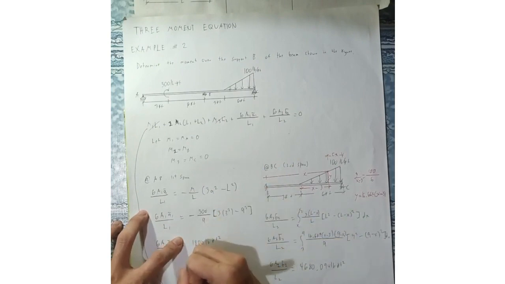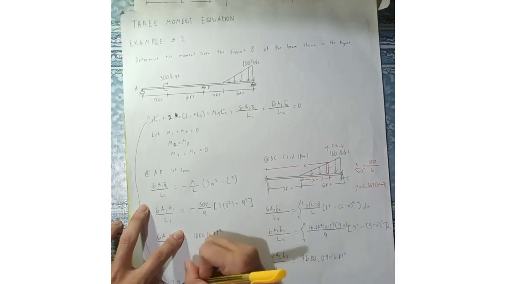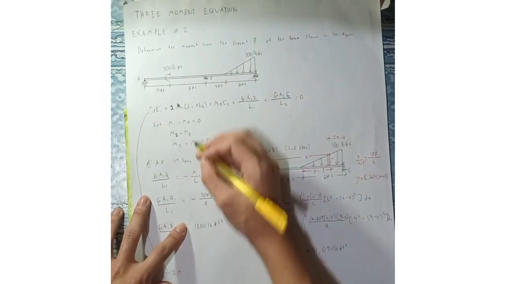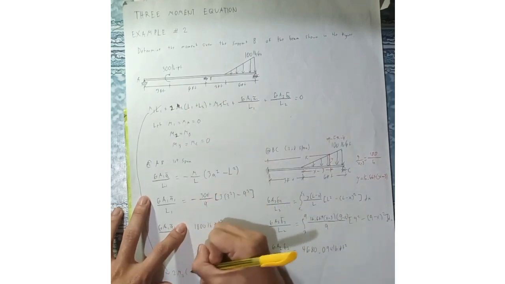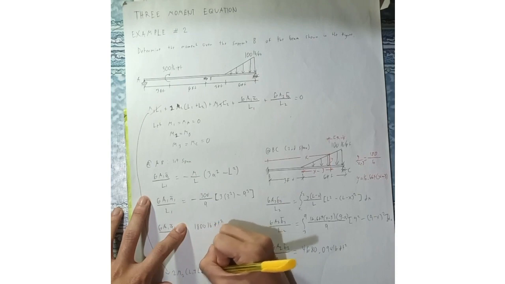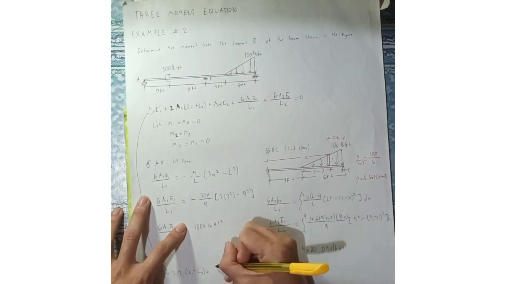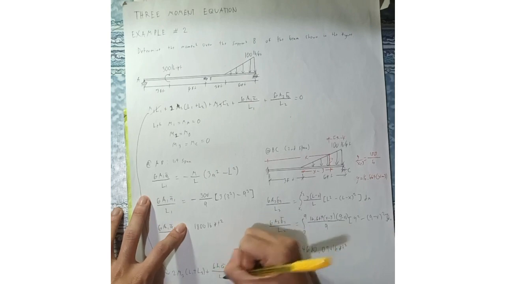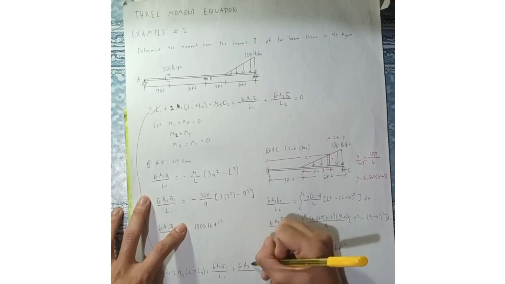So 2M, oops, 2M, let's put MB na lang. L1 plus L2 plus 6A1 bar over L1 plus 6A2 B2 bar over L2.